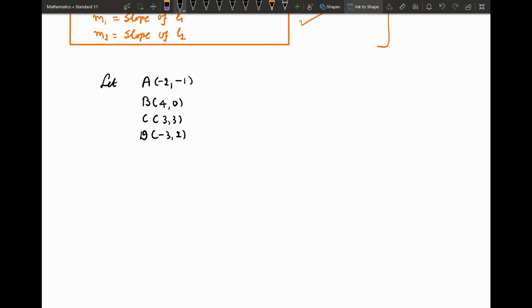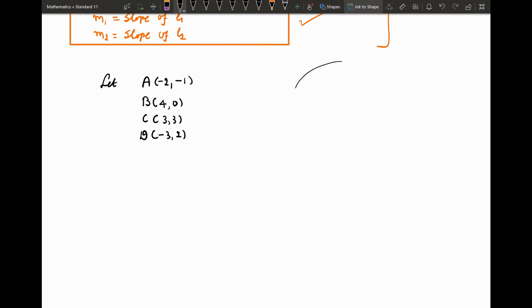For vertices we give names, so for the given four vertices we have given names.